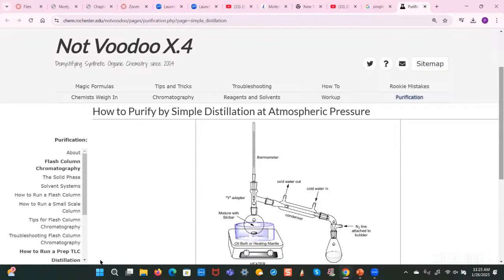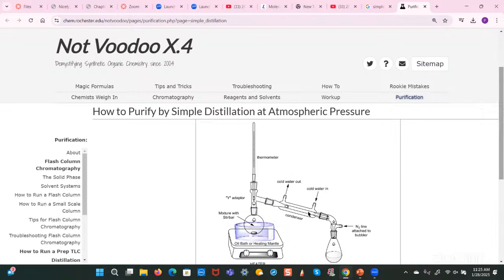Okay, so this is the simple distillation apparatus right here. So imagine your ethanol and water is in this flask, right? So basically you have this adapter here, it's called the Y adapter. You have this thermometer here inserted, which is not necessary, but you might want to know what the temperature is based on your experiment. Then you have this condenser here.